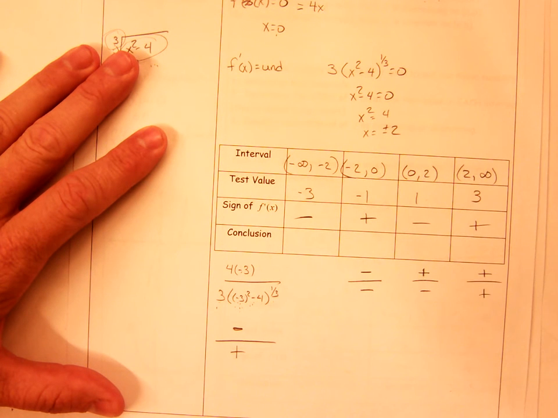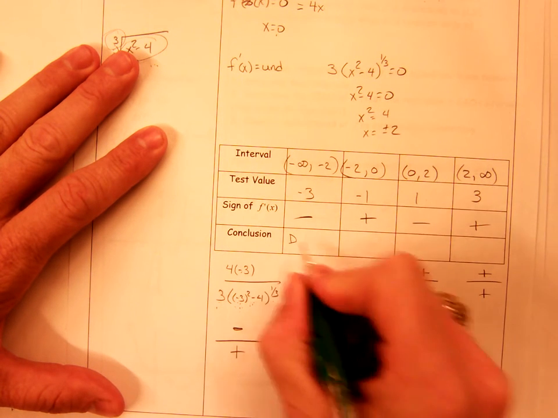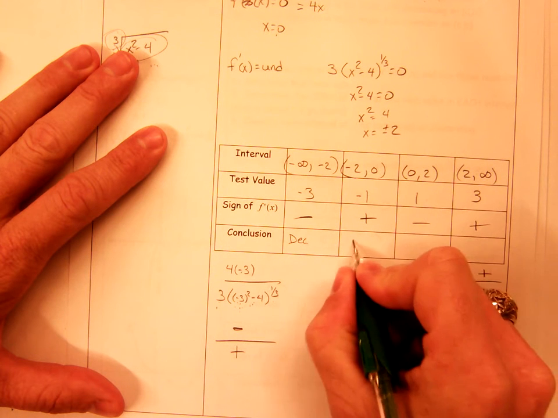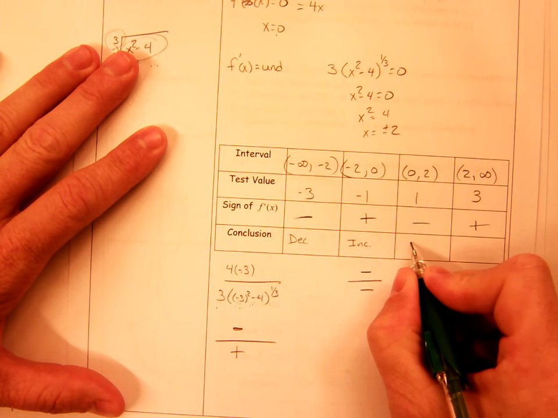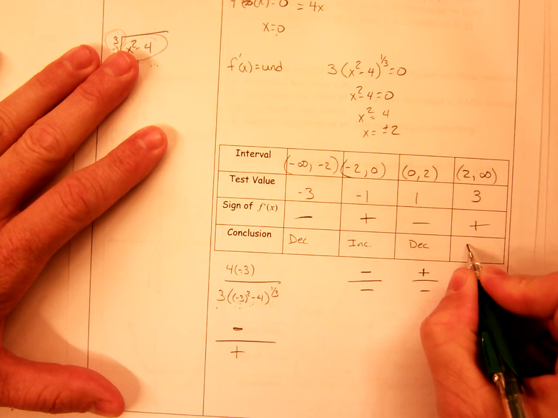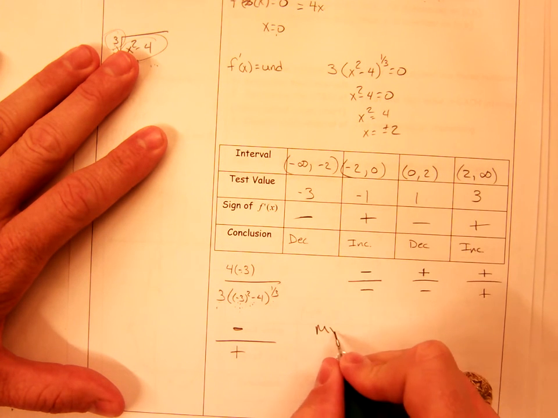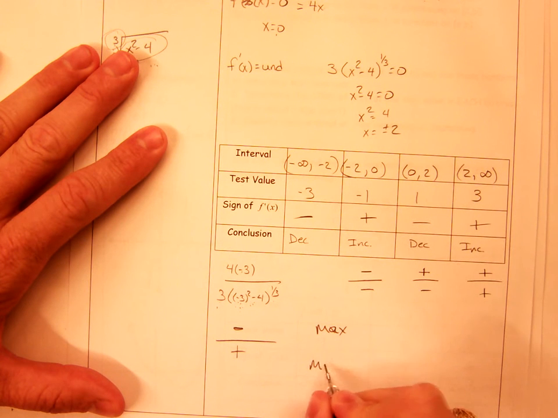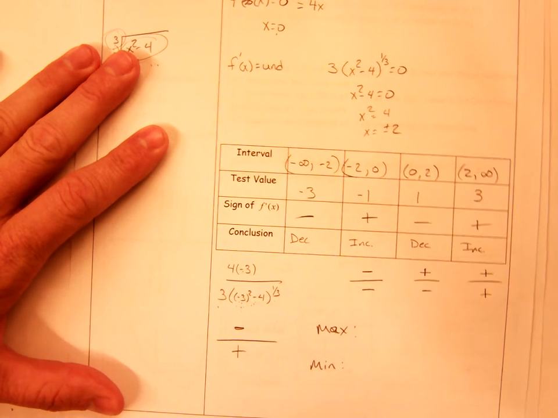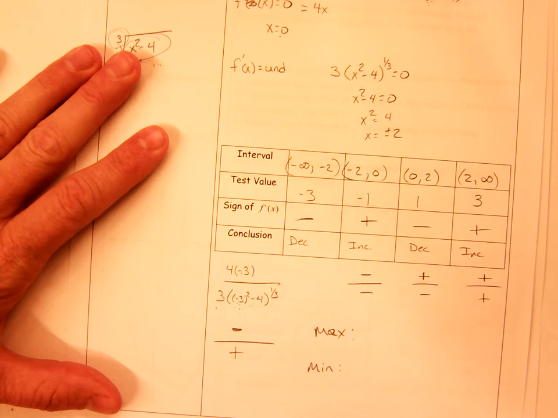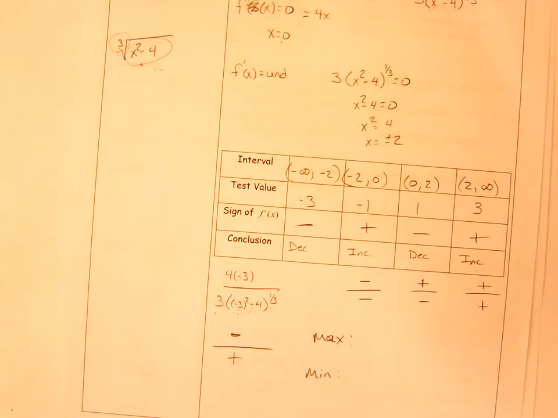Conclusion: decreasing, increasing, decreasing, increasing. So my maxes and my mins. It's going from decreasing to increasing. That's a minimum.